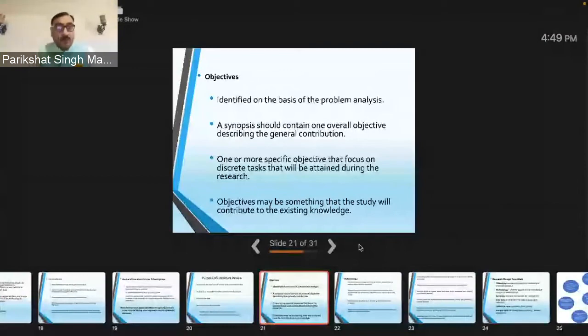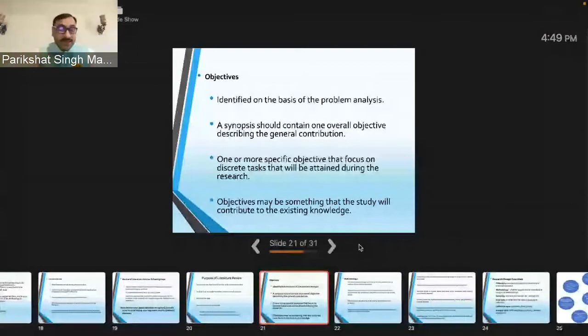Okay, so objectives are identified on the basis of the problem analysis that you have. So try to see what is the problem on hand and how you're building it up. But one of the basic focuses is that each and every objective is actually going to be achieved while you carry out the actual research.